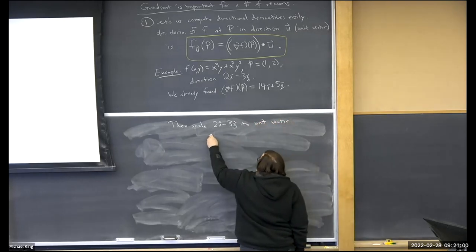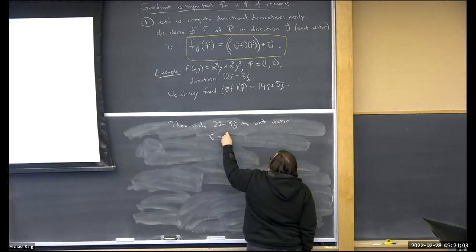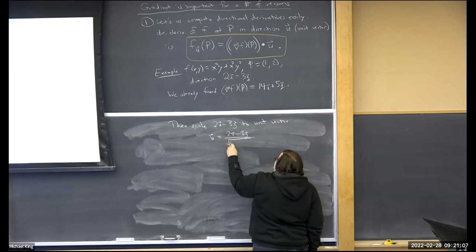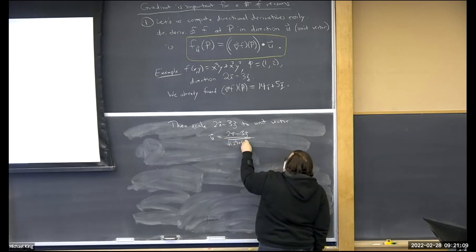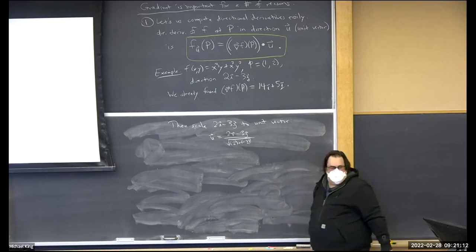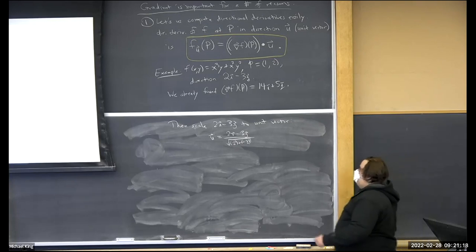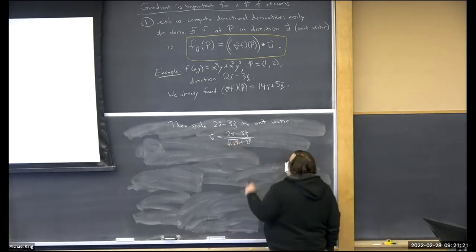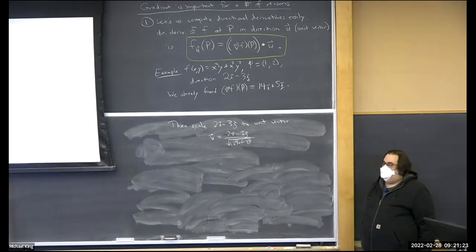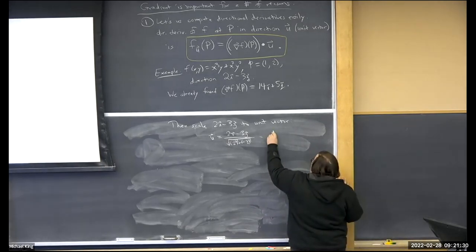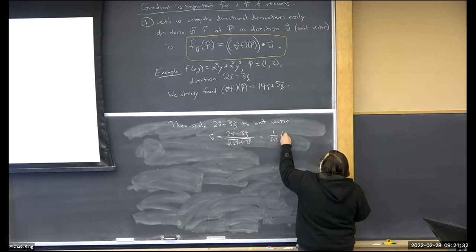So we get u is 2i minus 3j divided by the square root of 2 squared plus negative 3 quantity squared, right? What did I do? Oh, I didn't write 2 squared, thank you. So what is that, root 13? So you could just write it as 1 over root 13 times 2i minus 3j.